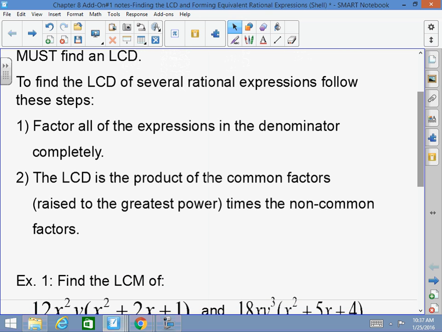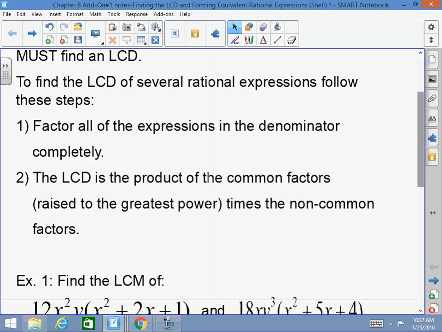So you factor all of the expressions in the denominator completely, all the way, guys. And then number 2, the LCD is the product of the common factors raised to the greatest power, we'll see examples, times the non-common factors. Now, when you're finding the LCD, do not multiply them completely.